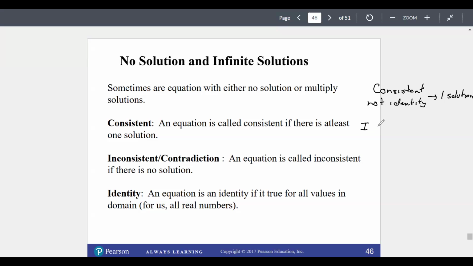If we're inconsistent, we have no solution. And then if we're an identity, it's going to still be consistent, but we're going to have infinite solutions.